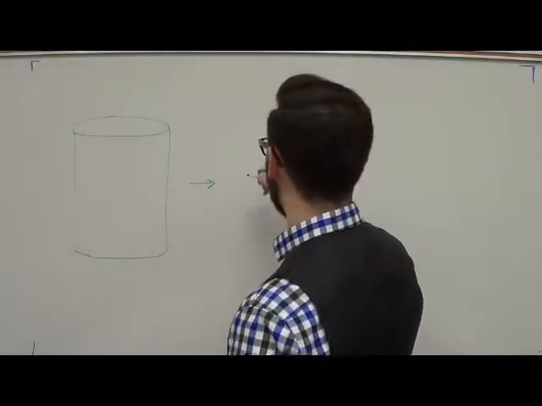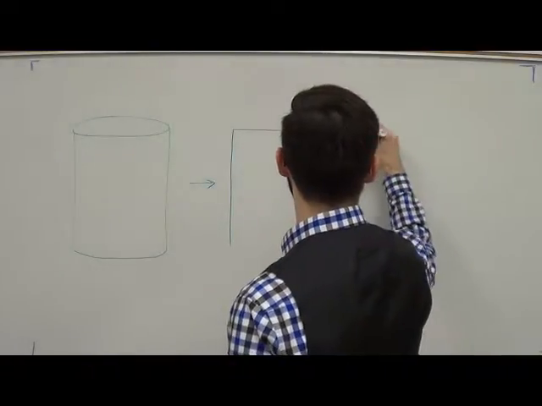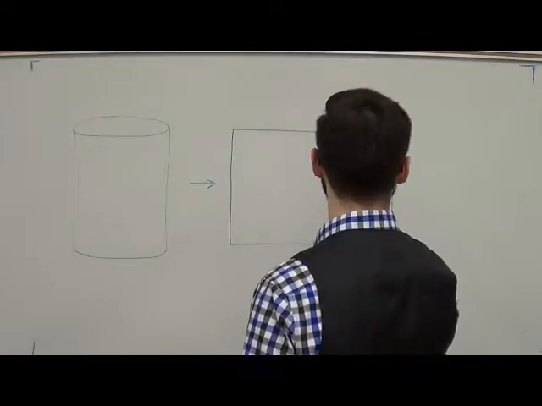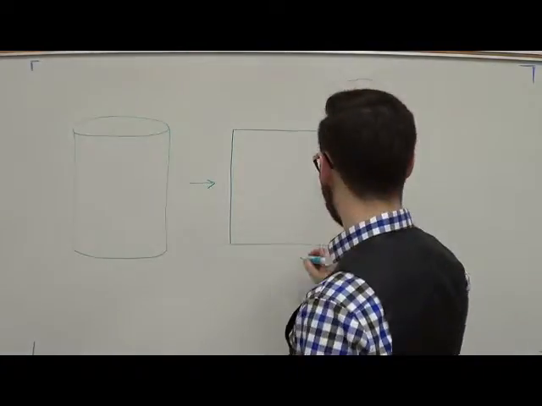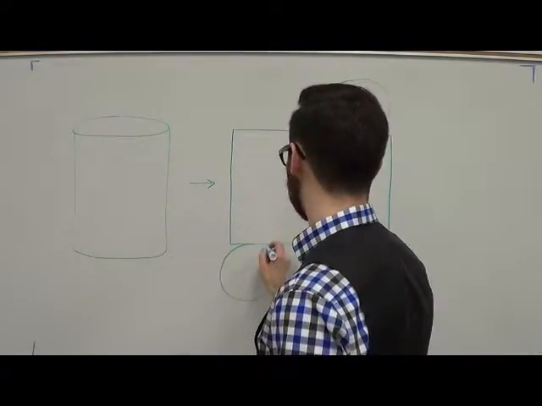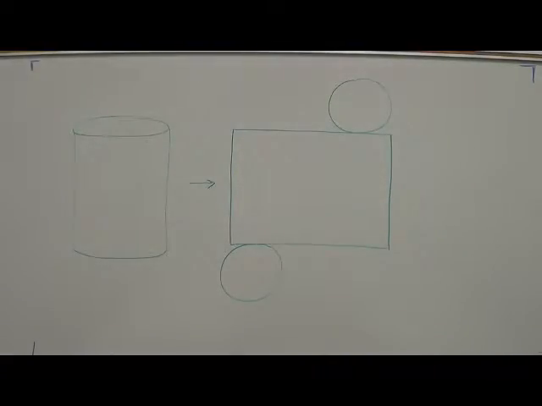If I were to do the net of a cylinder, we end up with a really long rectangle. That's our label. And then we'd have the circles for the tops and the bottoms of the soup can, right? Because it's the whole surface. So that would be the net of a cylinder.